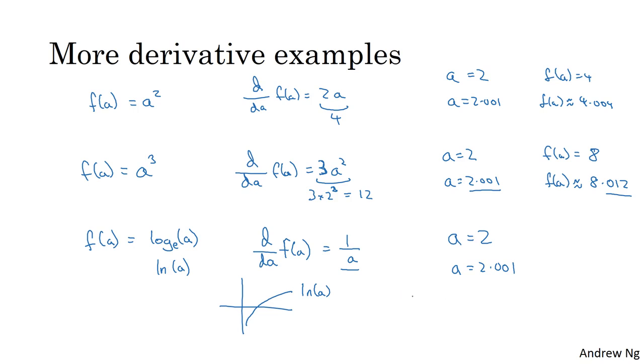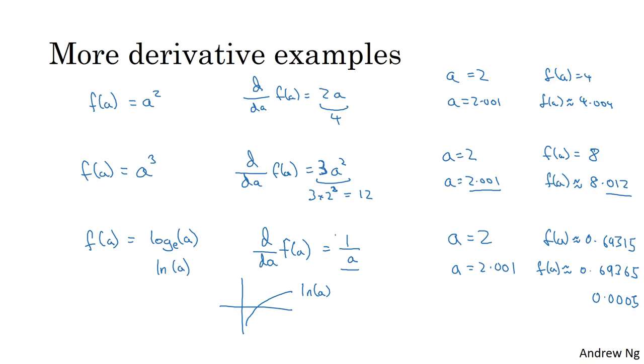So in fact, if you pull up a calculator, you find that if a is equal to 2, f(a) is about 0.69315. And if you increase a to 2.001, then f(a) is about 0.69365. So it's gone up by 0.0005.